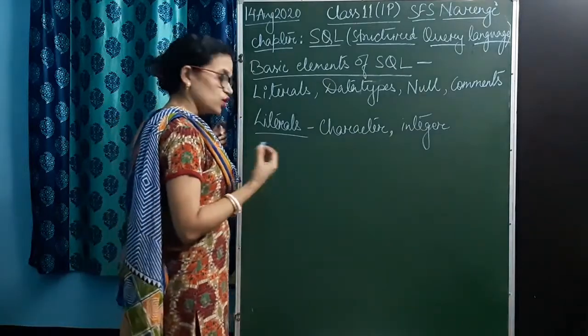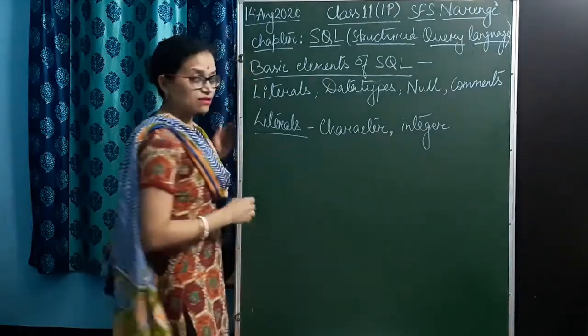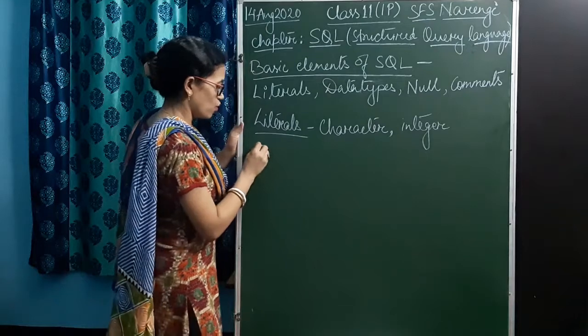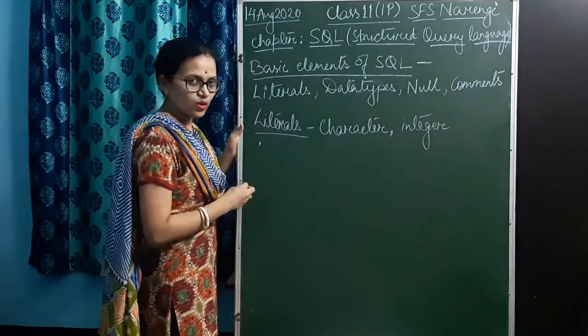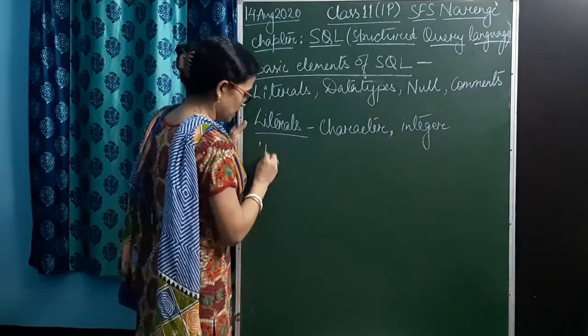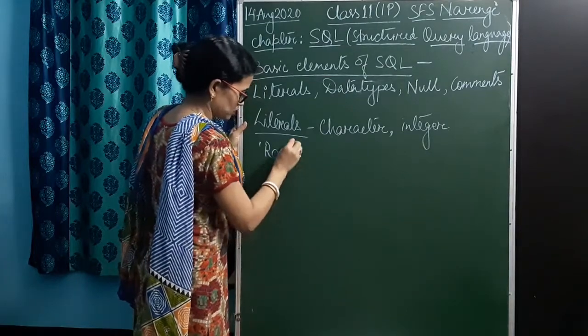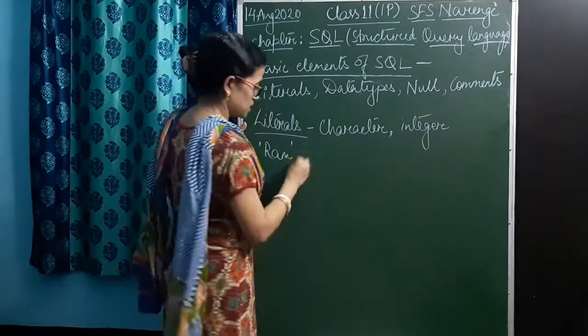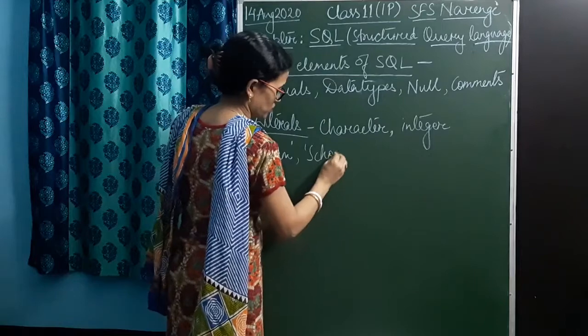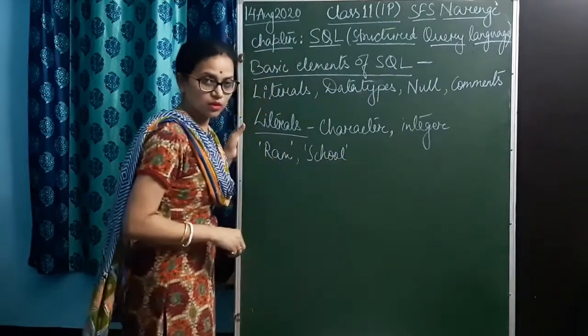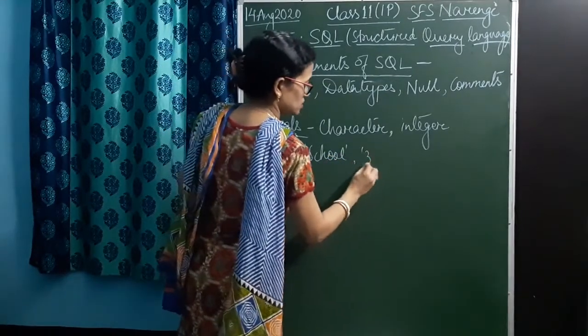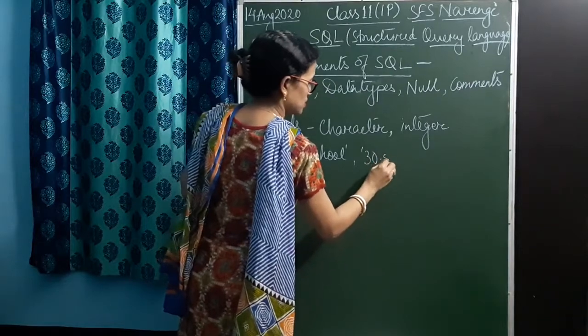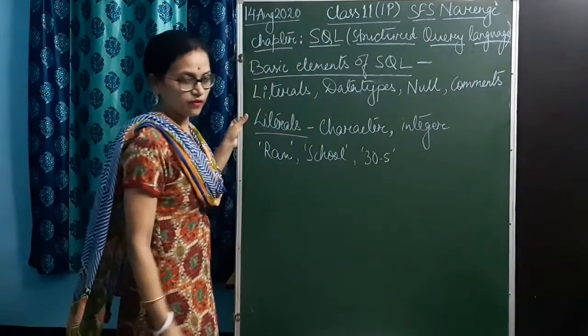We can also say numeric literals. So character literals, for example: suppose I want to write someone's name. Suppose I write Ram. Suppose I write school. Suppose I write 30.5.